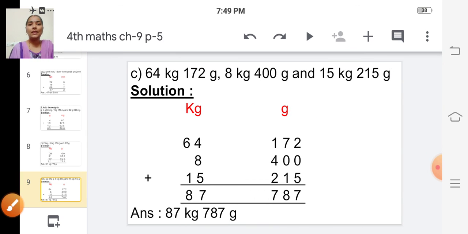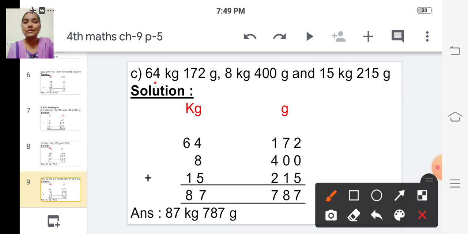Okay. See. The first weight is 64 kilogram and 172 gram. Second weight is 8 kilogram and 400 gram. Third weight is 15 kilogram and 215 gram. So they have given 2 units, right? One is kilogram and second one is gram.